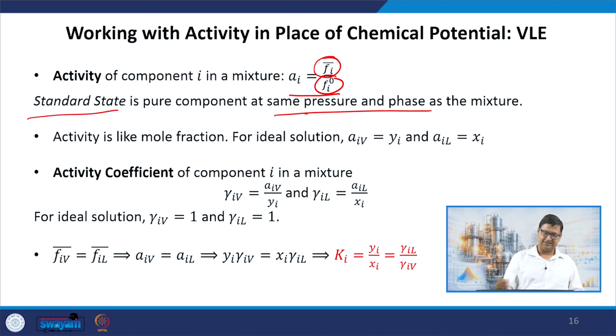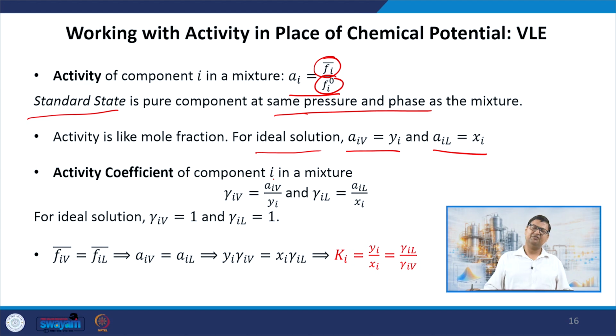This is what is referred to as a standard state. This activity, just like fugacity, which gives a sense of pressure, that is what I want for gases typically, gives a feel of something like a mole fraction. And for an ideal solution, the activity essentially equals the mole fraction, right.